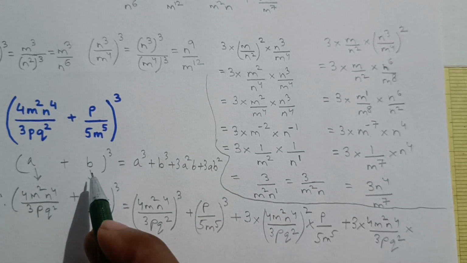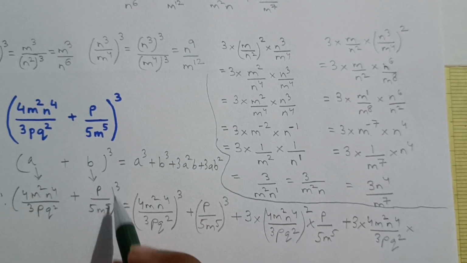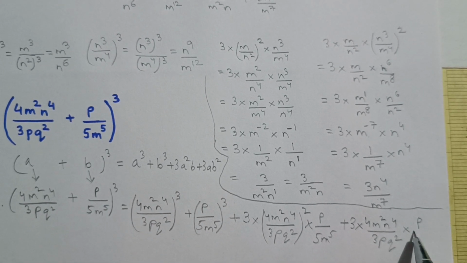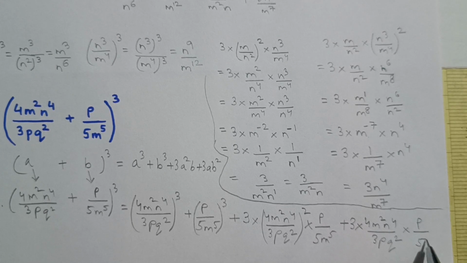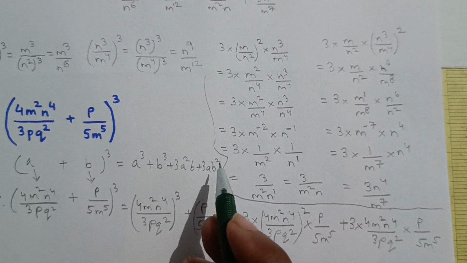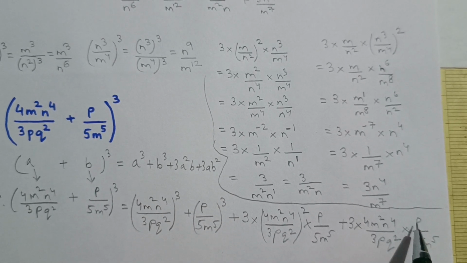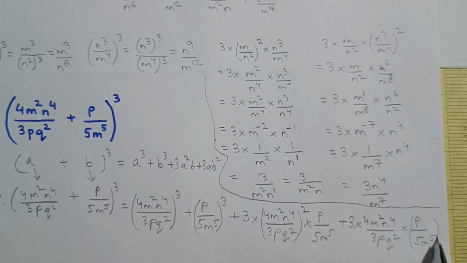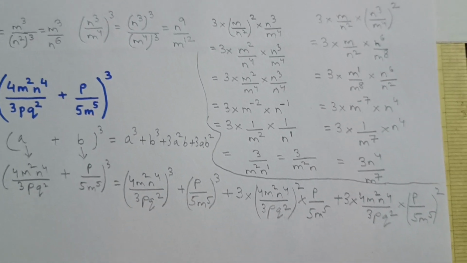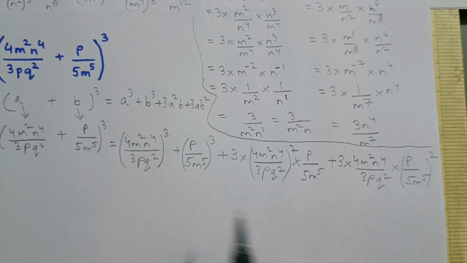Now b corresponds to this expression, so instead of b I will write p upon 5m to the power 5. Now b is getting squared, so this expression will also get squared. And now we have to solve this expression to get our final answer.